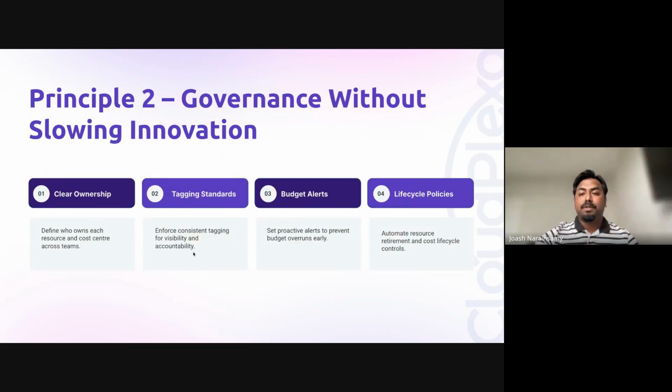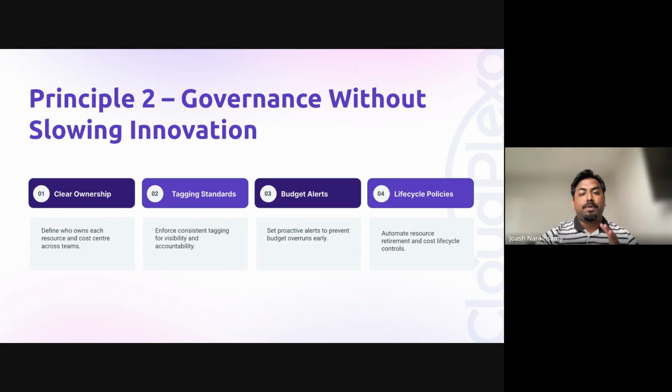The second principle that we're going to look at is governance without slowing innovation. There's often a misconception that governance creates bureaucracy. In reality, good governance creates confidence. It allows your teams to innovate knowing there are sensible guardrails in place. Simple governance practices can have a significant impact.